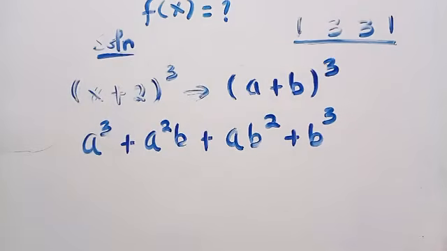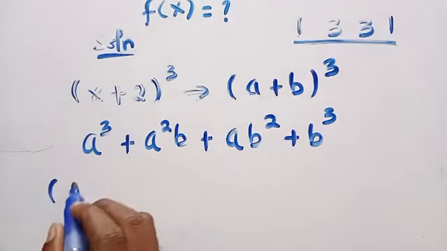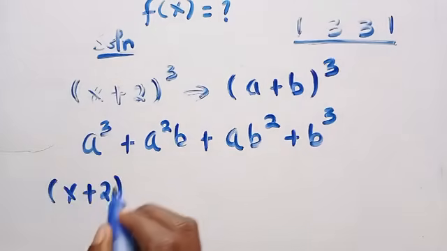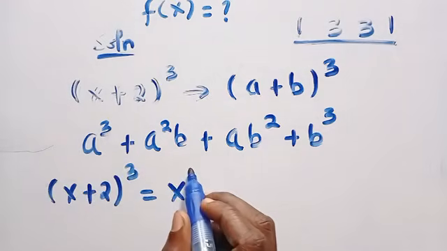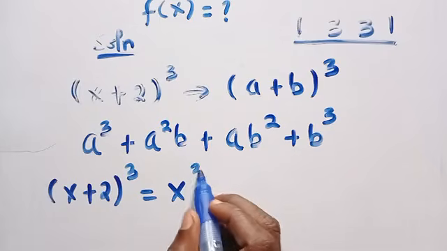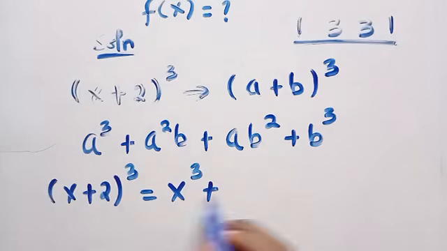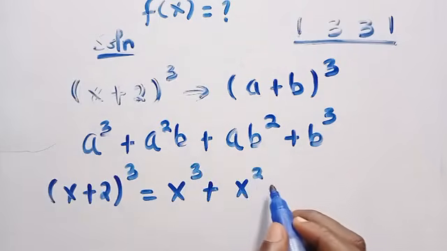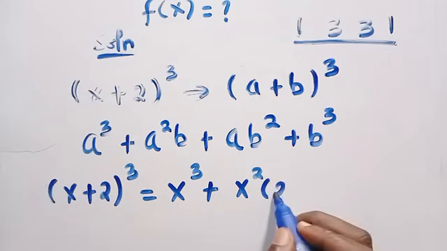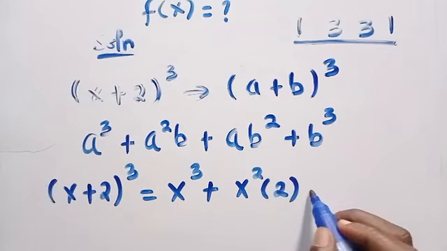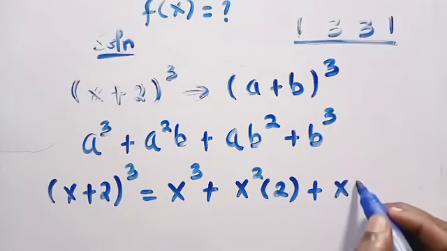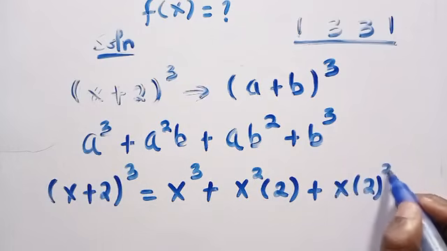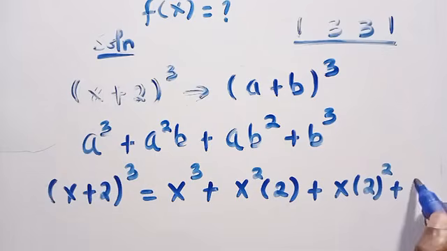Here, x plus 2 raised to the power 3 equals, with x as a, x raised to the power of 3 plus x raised to the power 2 multiplied by b, which is 2, plus x raised to the power 1 times 2 raised to the power of 2, plus 2 raised to the power of 3.